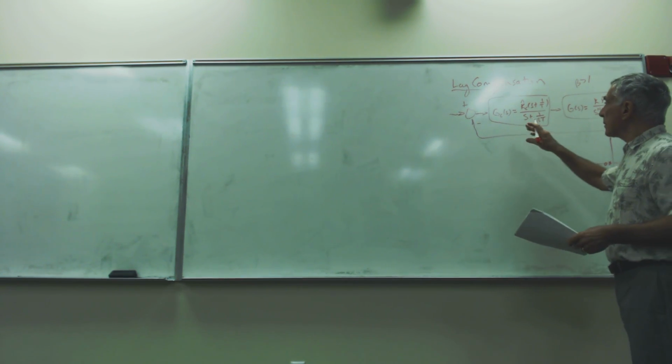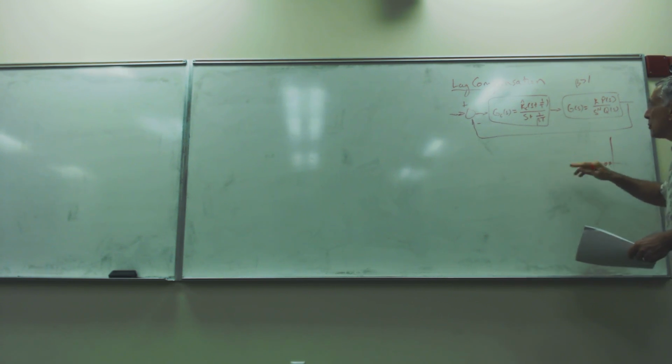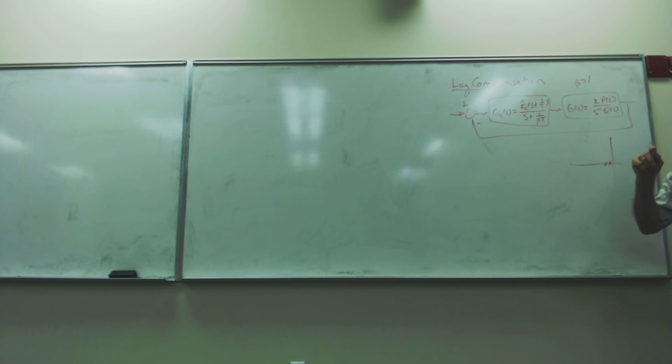So with this lag compensator, the root locus should not change much in the region of the dominant pole of the forward path transfer function.